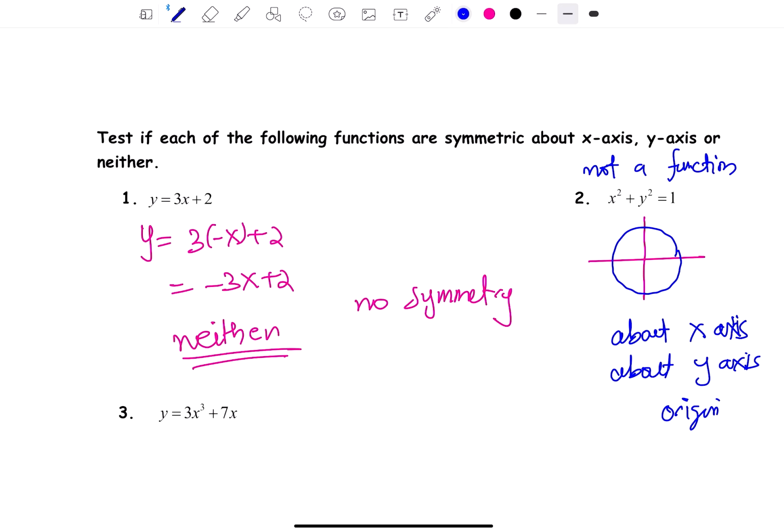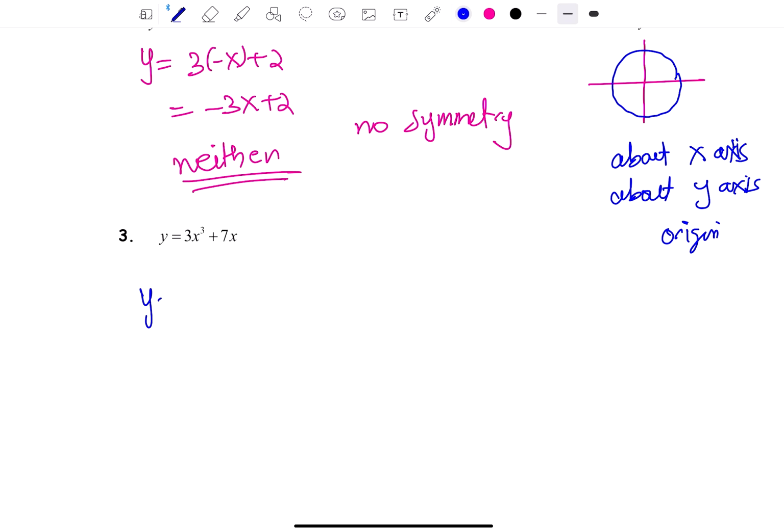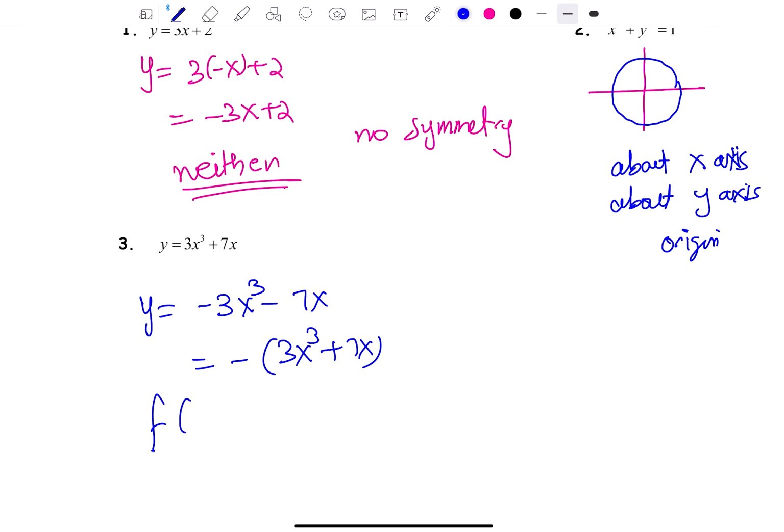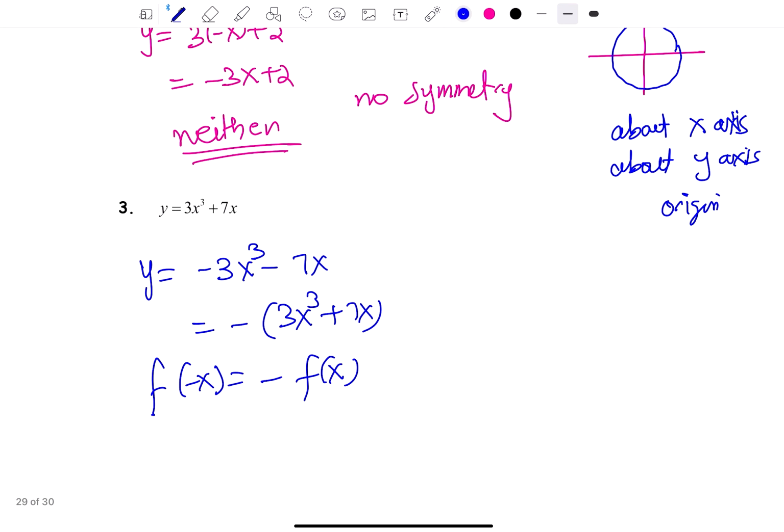Next, we're going to replace the x by negative x. So it's going to be negative x to the third minus 7x. We can pull a negative out. And we can see here, if I replace x by negative x, I get the opposite of the original function.